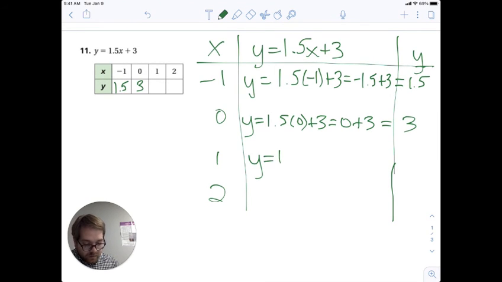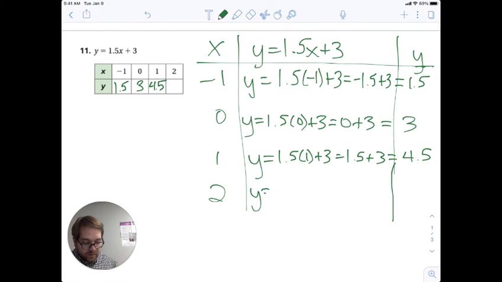Y is equal to 1.5 times 1 plus 3 is equal to 1.5 plus 3, which is equal to 4.5. So I put in the domain of 1, and I get out the range of 1.5.